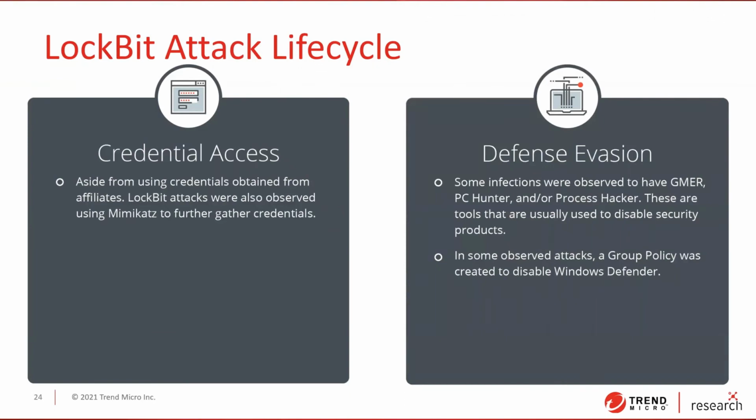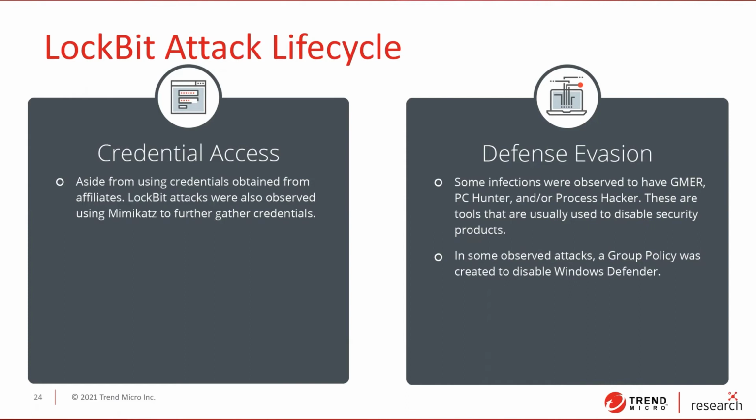Defense evasion. What we saw with this group is them looking for tools to disable the security product. This is an area that we are highly concerned about, that when a customer gets attacked, one of the first things they're going to do is look to utilize tools like Gmerge, PC Hunter, Process Hacker, that will allow them to actually turn off the security agents on these systems, which then allows them to plant the malware pretty effectively.